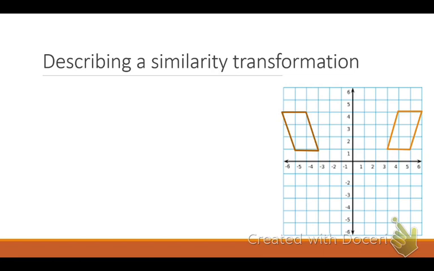Okay, sometimes the transformation is not a dilation. Okay, and sometimes figures can actually be completely congruent, but they're also similar. So that's something that we want to look at also. Okay, but again, I can't just look at this and say, oh yeah, they're similar because they look similar. Okay, I have to prove it.